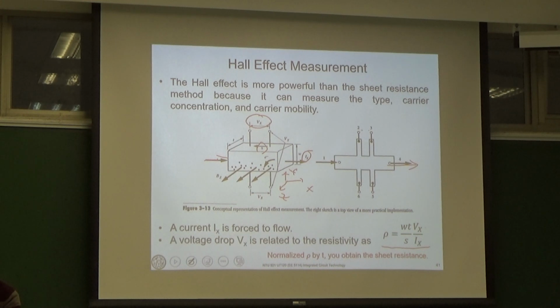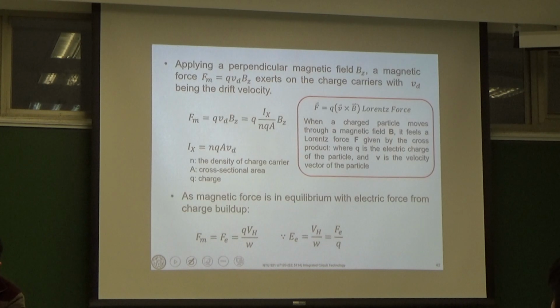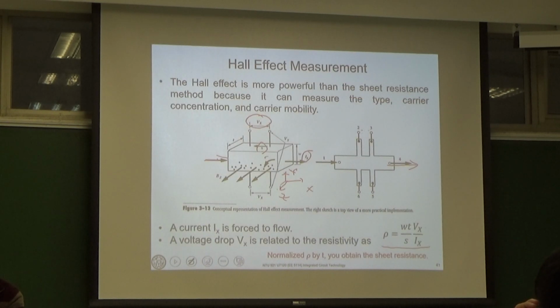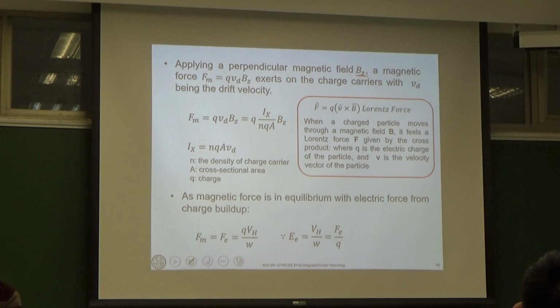Now, if we normalize this by T, then we get the sheet resistance. Now we apply a perpendicular magnetic field Bz in the Z direction. This magnetic field will create a magnetic force related to your velocity and the magnetic field.